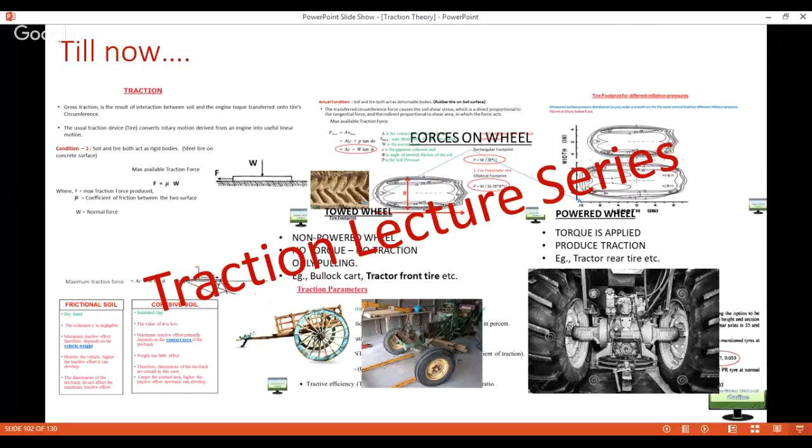You will have very little drawbar pull available at the drawbar of your tractor to pull your implement. So again you will not be able to use your tractor power properly. That is why the understanding of traction is very important to optimally use your tractor power and to pull different implements effectively in the field.